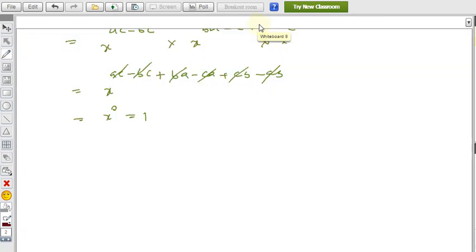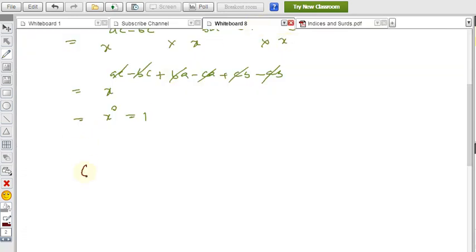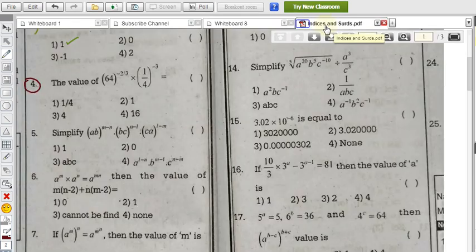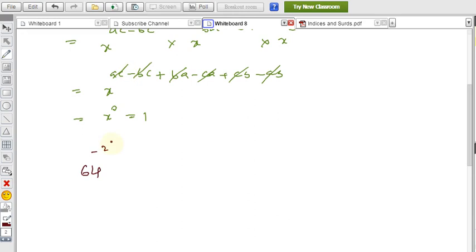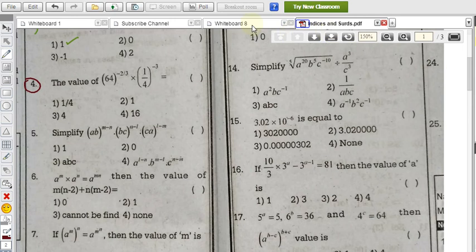64 power minus 2 by 3 into 1 by 4 to the power minus 3.